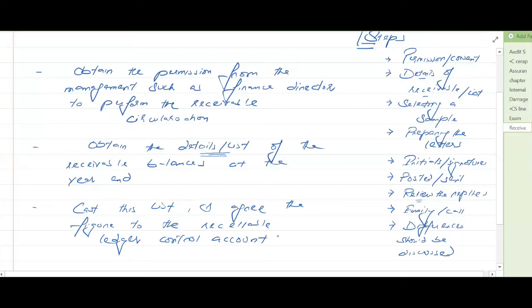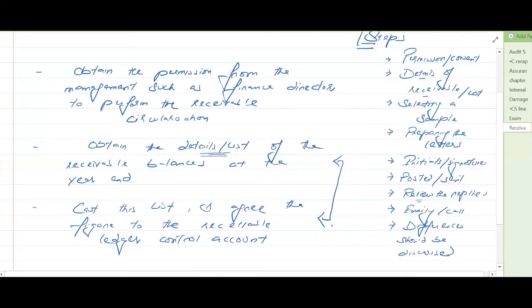Because we know that the total of the individual balances should be equal to the control account. That means if this is the same, accounting has been performed correctly. And if this is not the same, then there is actually a difference in the recording. Either there's a problem in the individual accounts or there's a problem in the control account.